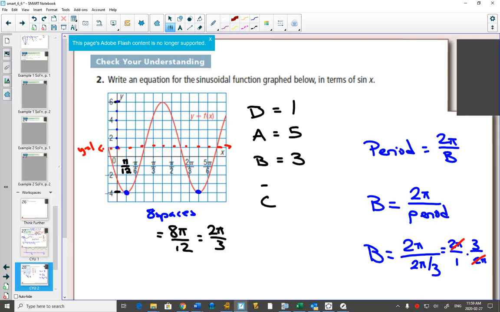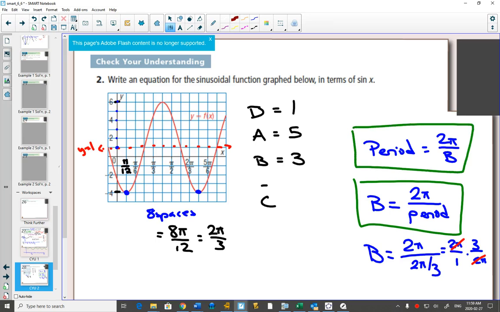So normally you would use this formula to calculate your B value. However, in this case, you could also use this one. My period is 2 pi over my B value, and my period happens to be 2 pi over 3.